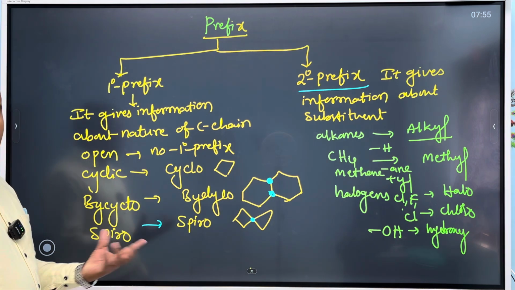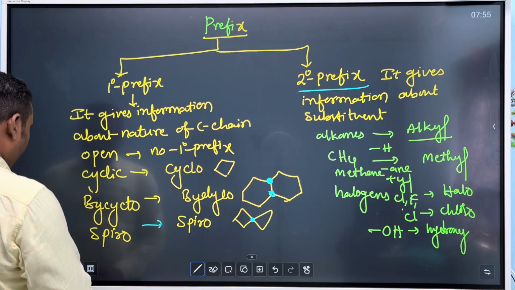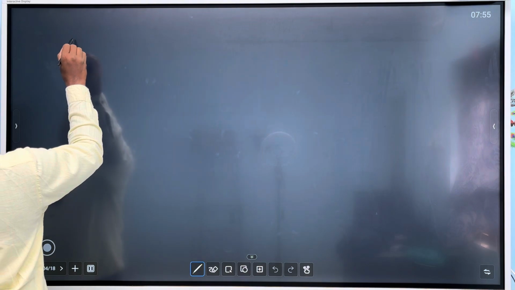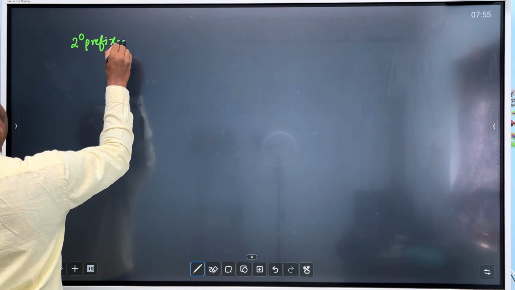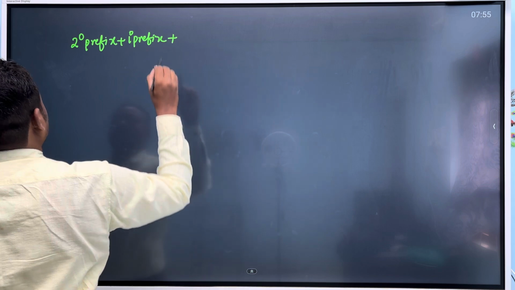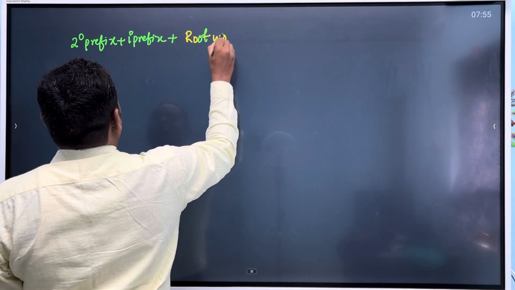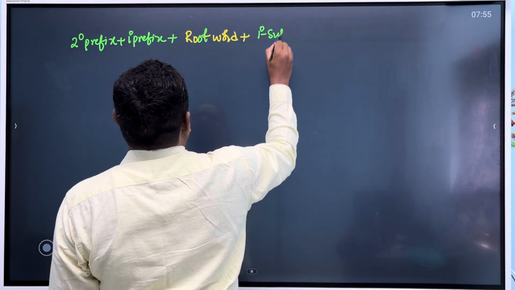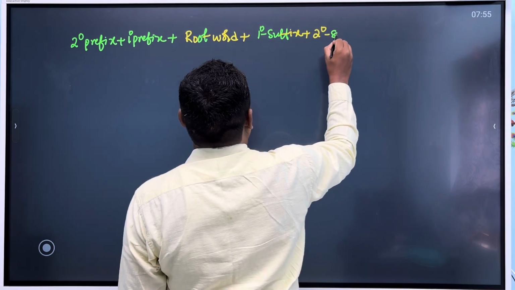So this is the total structure of IUPAC. What is the total structure of IUPAC here? It is in the order of secondary prefix plus primary prefix plus root word plus primary suffix plus secondary suffix.